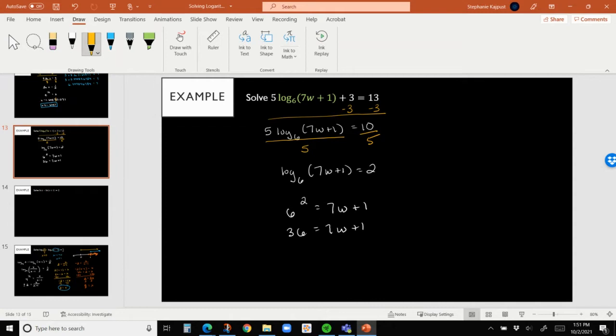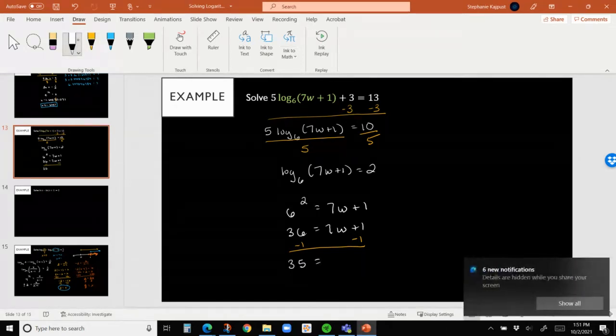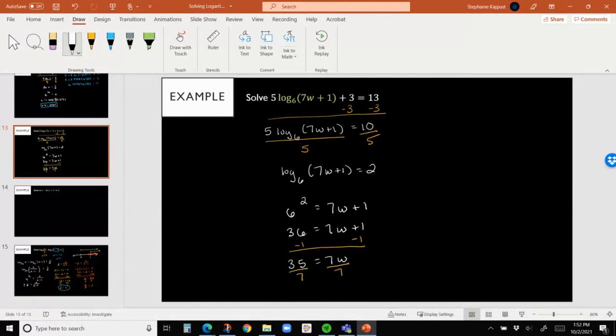And so now we're just going to solve for w. So we'll subtract 1 from both sides. So that gives us 35 equals 7w. And when you divide both sides by 7, 35 divided by 7 is 5. So we get 5 equals w.